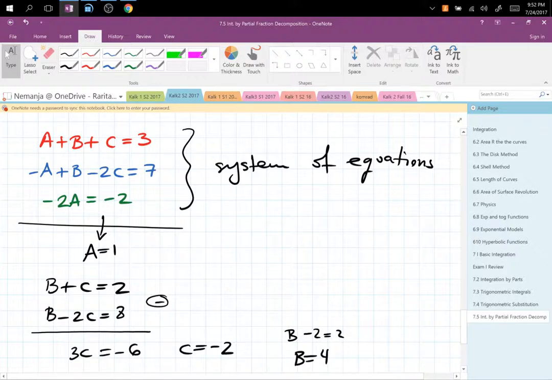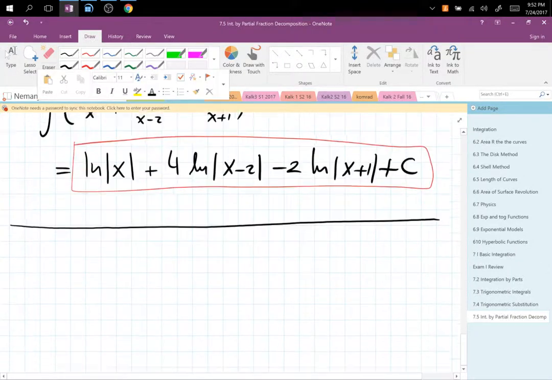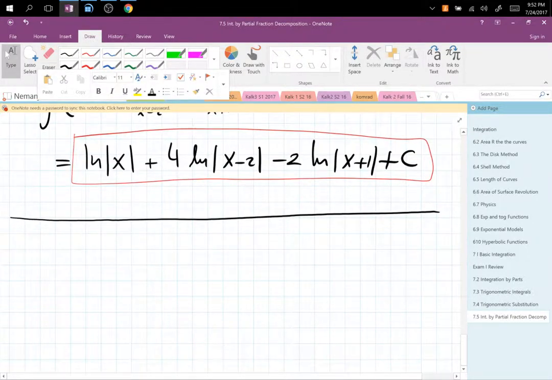What I'm interested in is having the integral in the beginning and having this answer at the end. I know you have to use partial fraction decomposition because there's no other way. Now that entails a system of equations, and which way you solve that depends on the previous education, who taught the course previously, and so on.